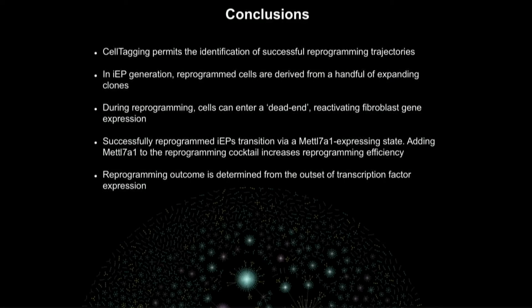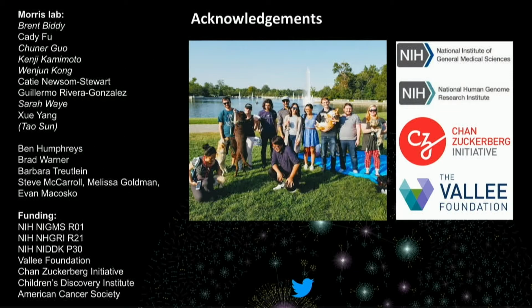We've been able to characterize these states in molecular terms and also enhance the reprogramming outcome based on this. And finally, reprogramming outcome seems to be determined from the outset of transcription factor expression by the state of the cell that receives the transcription factors. And I think that's going to be really exciting to follow up on.